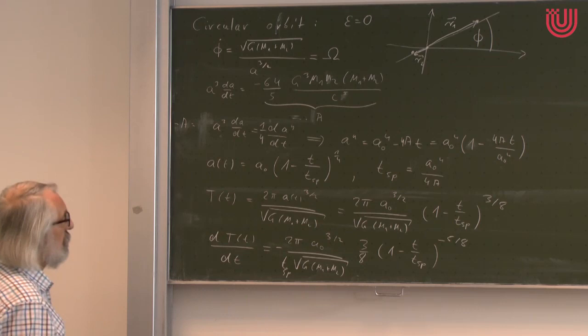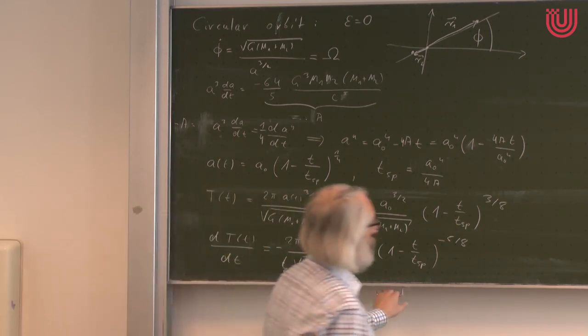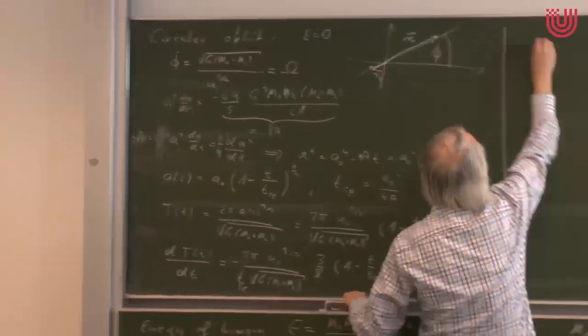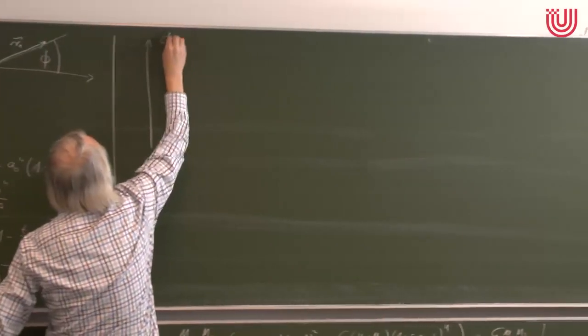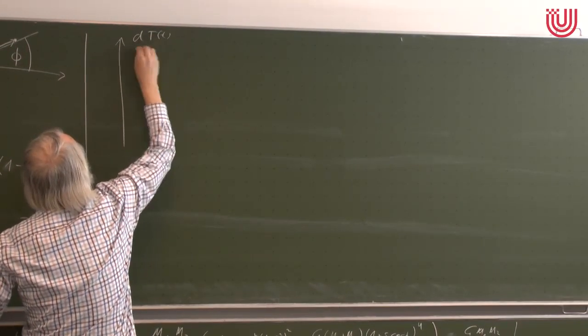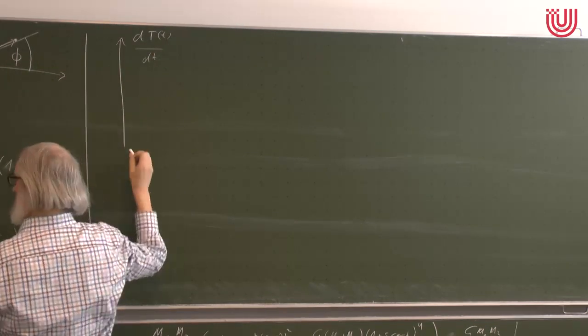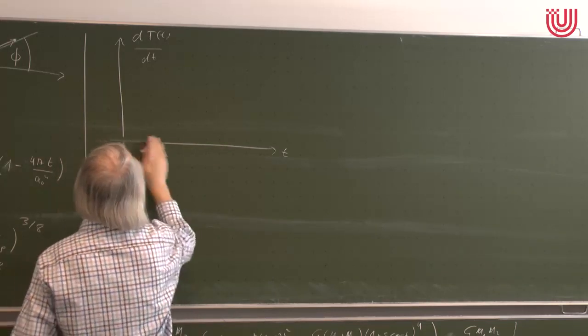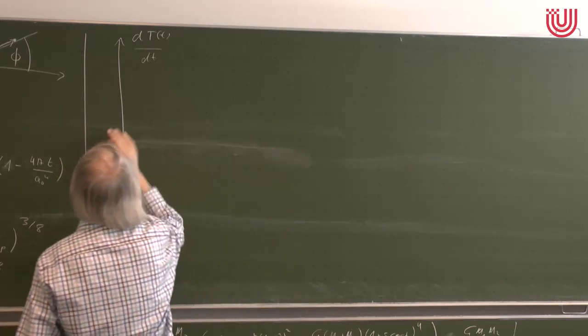That's the time dependence. And if you plot this, that's a plot everybody has seen before, I'm sure. If you plot this, so if you plot dT of t by dt over time, we see it is negative. I should have drawn the axis a bit higher.